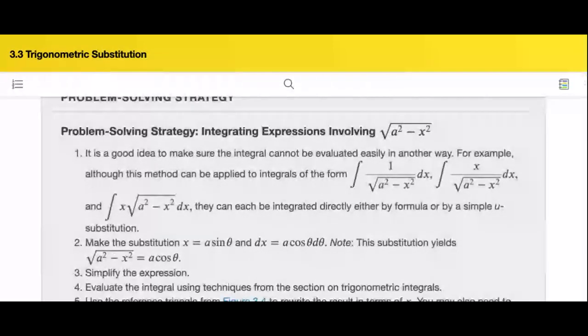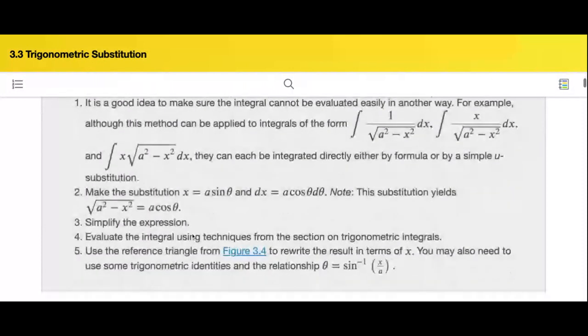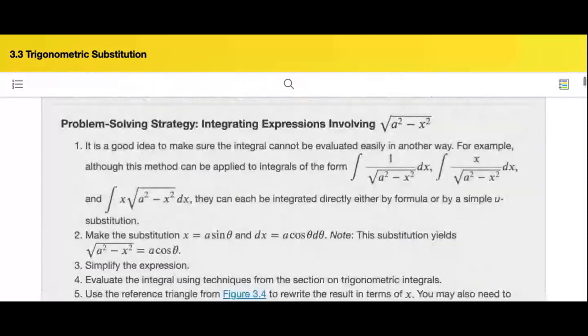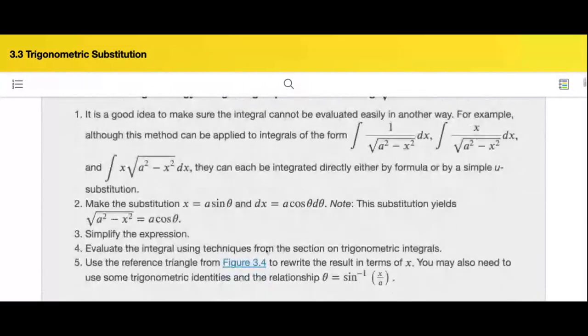So if the integral involves the square root of a squared minus x squared, 1 over the square root of a squared minus x squared, or x over the square root of a squared minus x squared, or x times the square root of a squared minus x squared, when we encounter integrals involving this kind of situation, we use trig substitution.